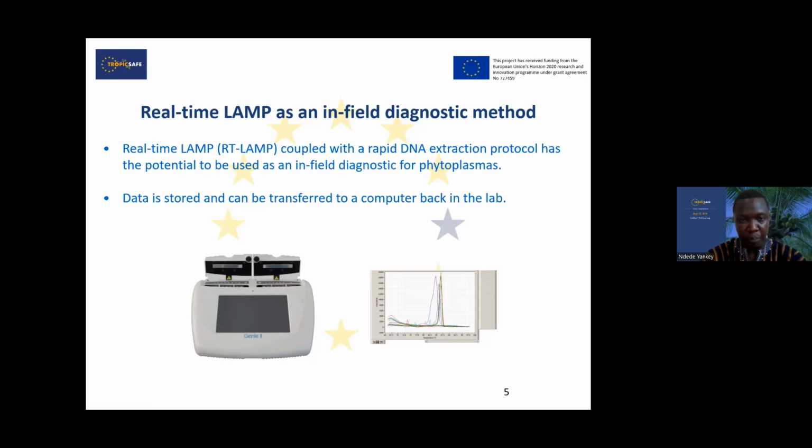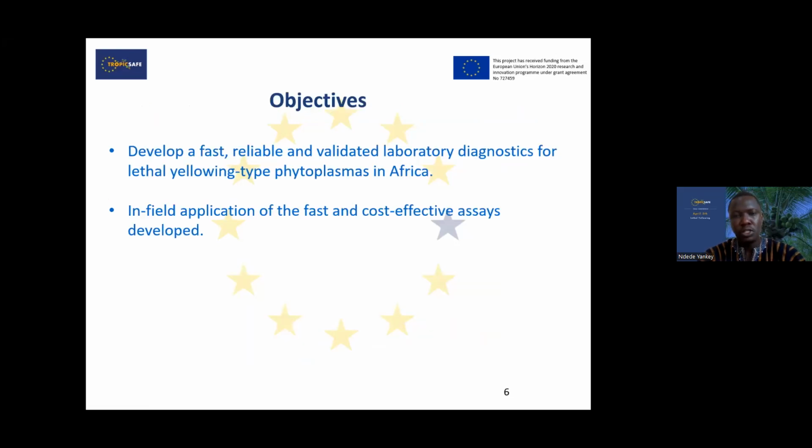So in this equipment, usually the data can be stored and then transferred back when you are in the lab. So the objective of this part of the study was to develop fast, reliable, and validated laboratory diagnostics for the lethal yellowing type phytoplasmas in Africa. And then the second part was to apply these techniques in the field.